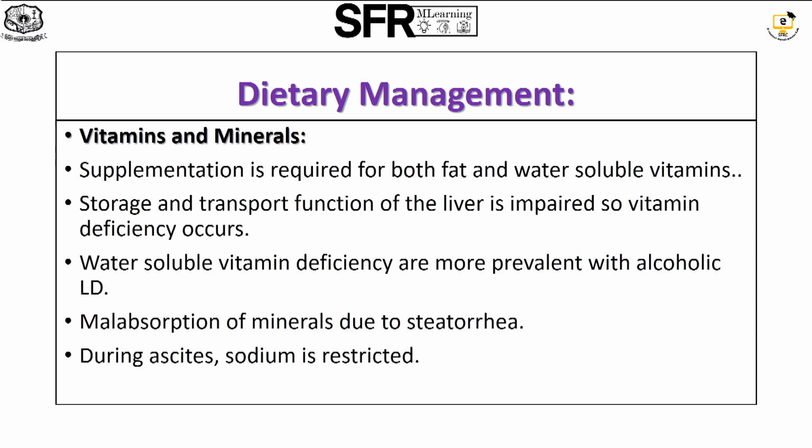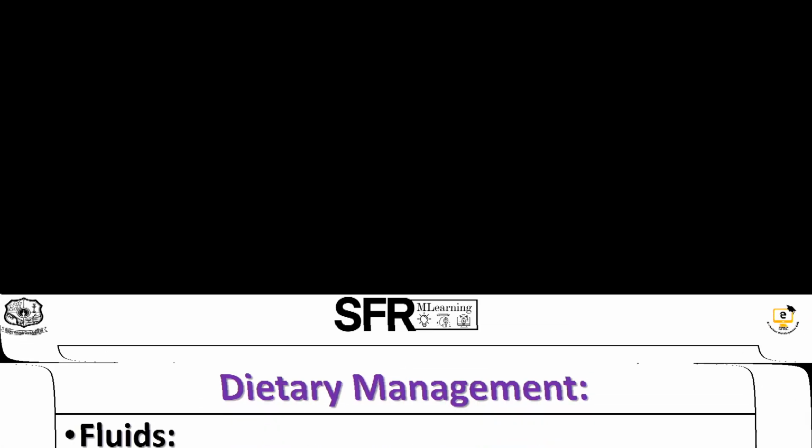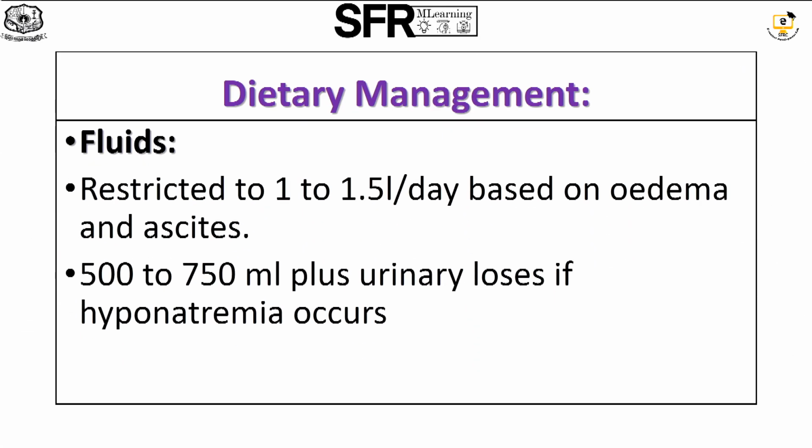So, if the person is having ascites, that is abdominal fluid accumulation or edema, the sodium level should be completely restricted, and once the condition subsides, the sodium level should be brought back to normal. So, fluids: the fluid should be calculated based on the urine loss. If the sodium levels are low in the human body, the urine losses will be calculated, and along with that 500 to 750 ml of liquid is only permitted for the patients.